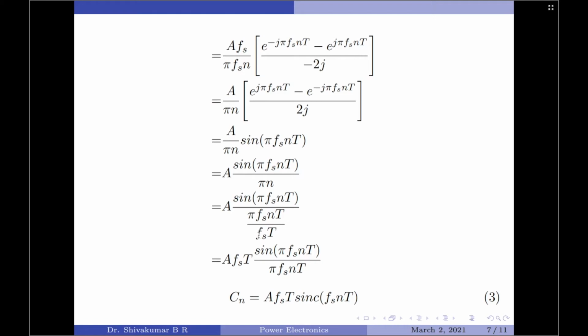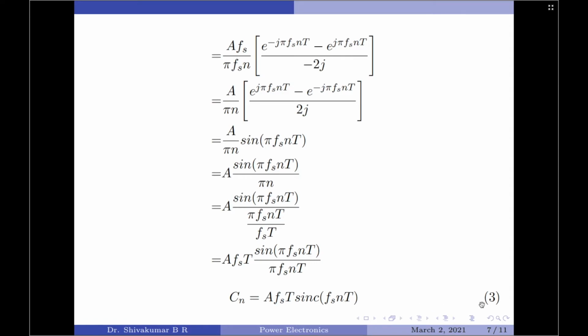So, let us take this fs into T towards the constant side. So, it will be A fs capital T multiplied by sine of pi fs n capital T divided by pi fs n capital T. This is equal to sinc of fs n capital T. This is by directly taking the property of sinc function.